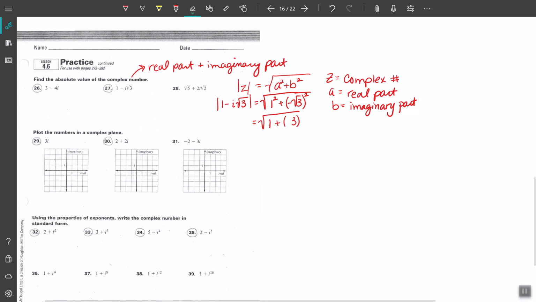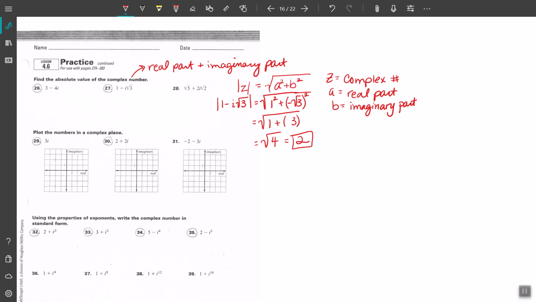It's a positive 3 because when we square a negative number, a negative and a negative gives us a positive, and then squaring that square root sign, they go away. So we end up with a positive 3. I don't really need those parentheses around that 3 anymore, because we now have the square root of 4, and we know the square root of 4 is 2. So our absolute value for this complex number is 2.